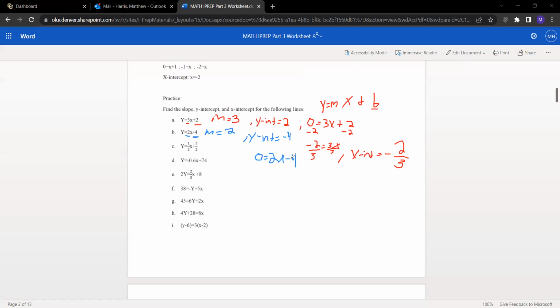To solve this, we have to get rid of this 4, so plus 4 on both sides. We have 4 is equal to 2x. I'm going to divide by 2. x is equal to 2. We have our slope, our y-intercept, and our x-intercept.